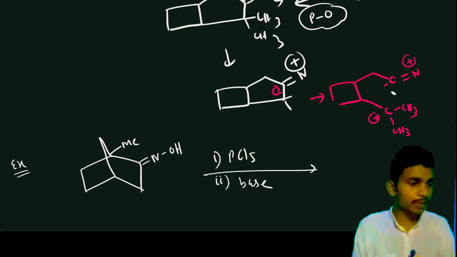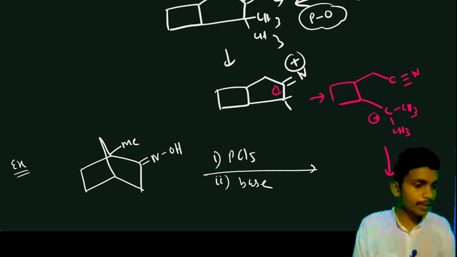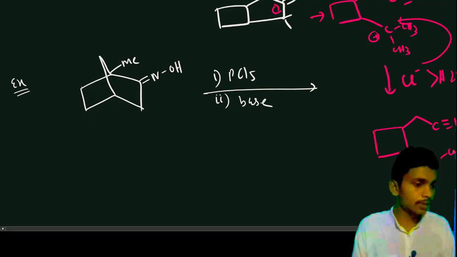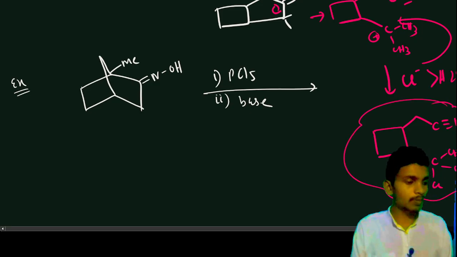Now positive and negative make a bond, so they are going to be Cl. Cl is there, and water is also there in the middle, but Cl minus is a more nucleophilic than water, so that Cl will attack here. That is the difference between that and this. Here we will get C triple bond N, and this is going to be C, CH3, CH3, and the Cl. So this is the final product for this question.